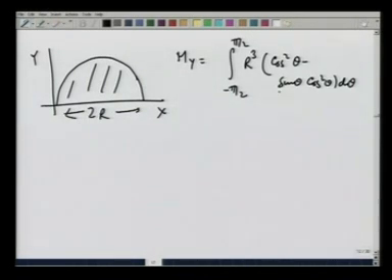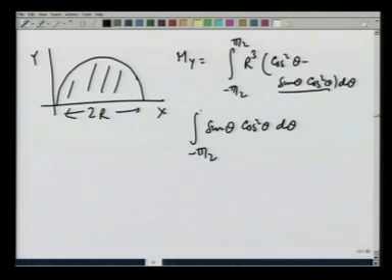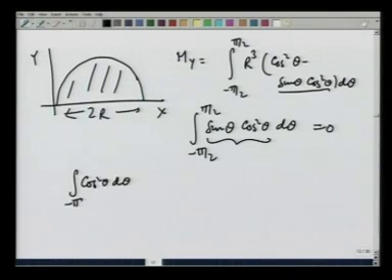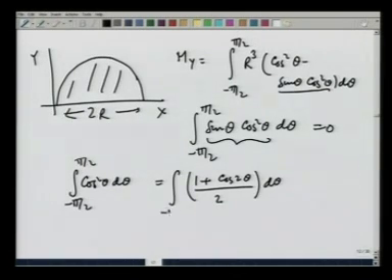Cosine square theta sin theta is an odd function with respect to theta, and therefore, this integration from minus pi by 2 to pi by 2 is going to be 0, because as you go from theta to minus theta, this integrand changes sign. And integration cosine square theta d theta from minus pi by 2 to pi by 2 comes out to be 1 plus cosine 2 theta over 2 d theta, which is nothing but pi over 2.